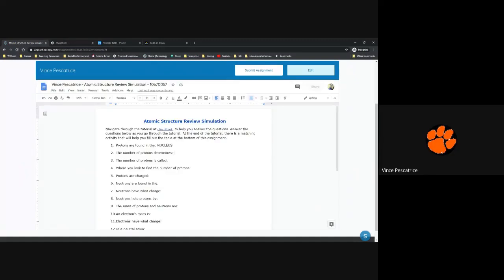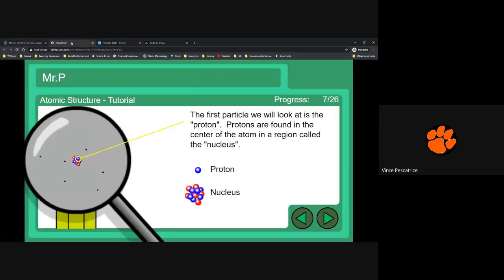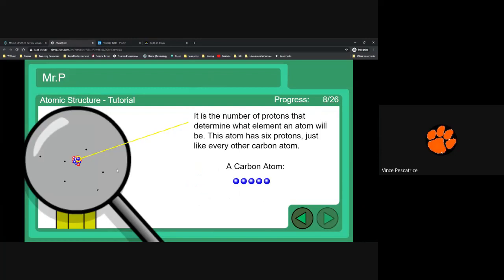So what we're looking for is the number of protons. What does that determine? We can already see that the blue proton is in the center of the atom, and that's called the nucleus. The number of protons will determine what element an atom will be.